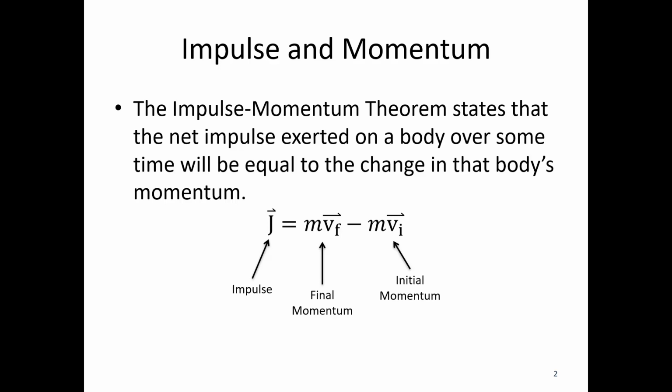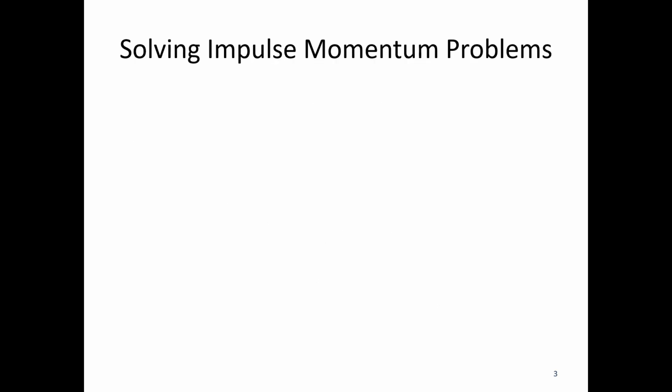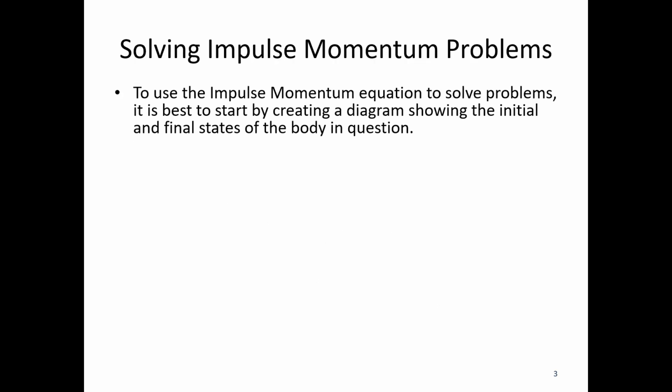We had talked in the previous section about what impulse was and what momentum was. Here we're going to be applying this equation to solve problems. So to use the impulse momentum equation to solve problems, it's best to start by creating a diagram that shows the initial and final states of the body in question.